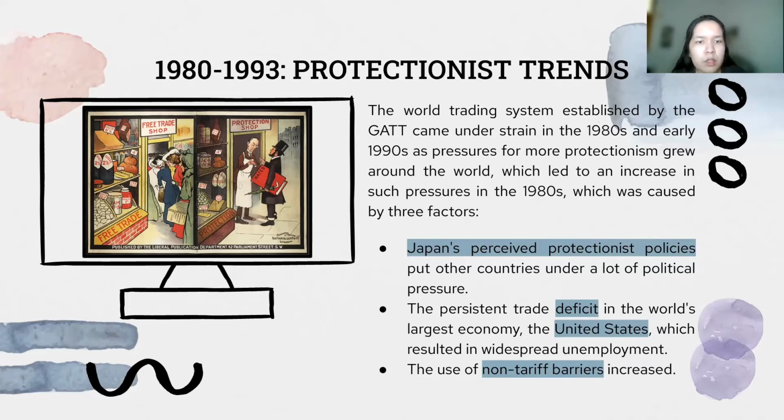And the second one is the persistent trade deficit in the world's largest economy, the United States, which included painful adjustment in industries such as automobiles, machine tools, semiconductors, steel, and textiles, where domestic producers steadily lost market share to foreign competitors, and this resulted in widespread unemployment.